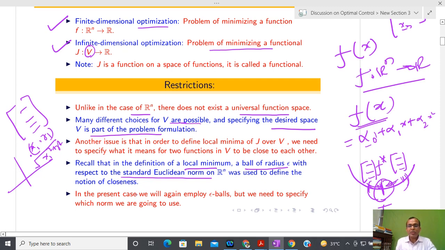In Euclidean space it is possible to define a ball of radius epsilon, and that tells us about the closeness. That is nothing but the norm.